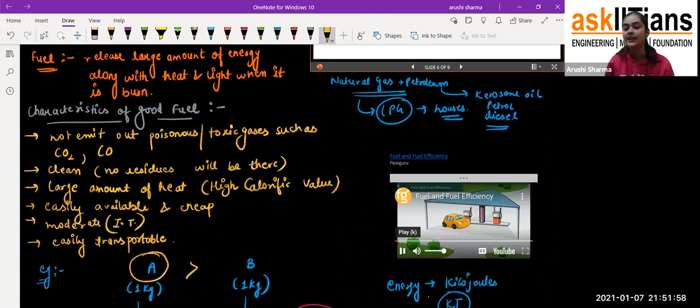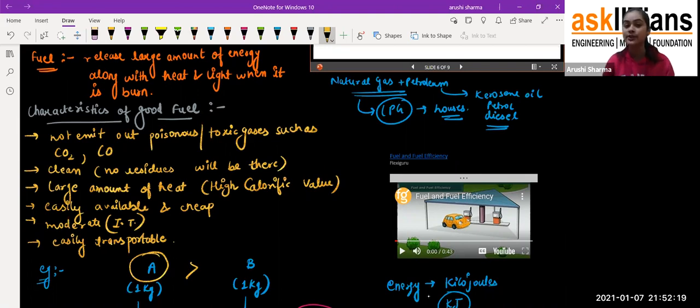So students, you got this point: the LPG which we use in our houses has more calorific value. If they have more calorific value, that means they burn easily and give more heat, more energy. That is why they are more efficient fuels compared to wood logs.